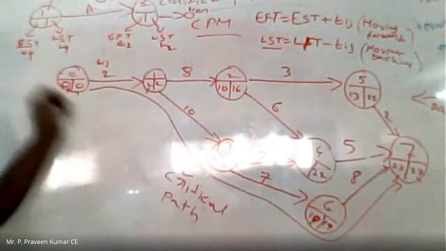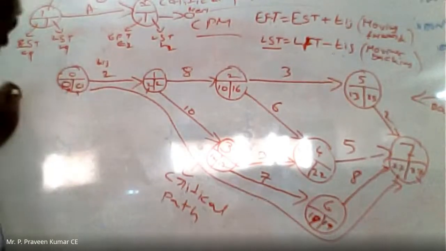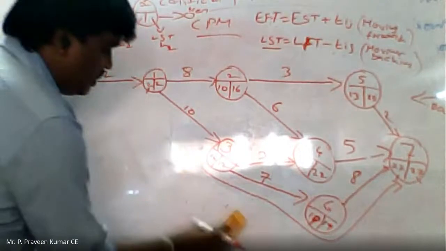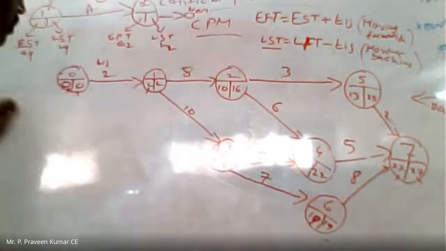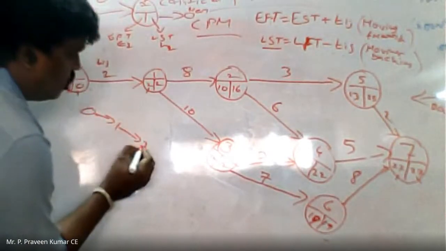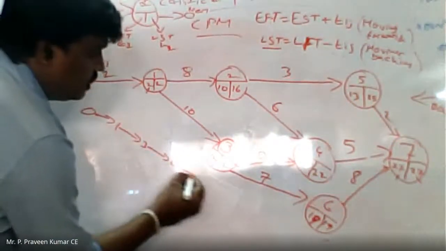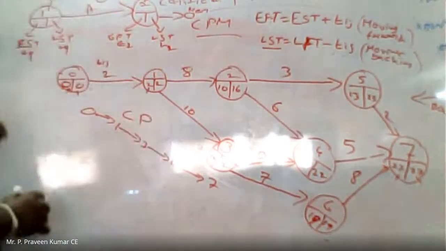This path is considered the critical path. How to draw this critical path? See here. 0 to 1, 1 to 3, 3 to 6, 6 to 7. This will be named the critical path.